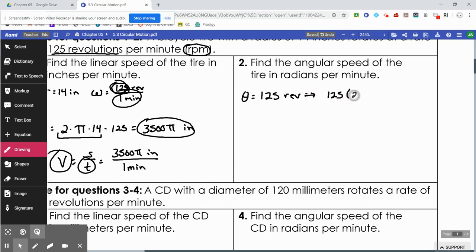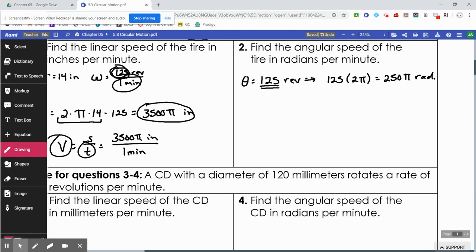A single revolution is 2 pi radians, so 125 times 2 pi is 250 pi radians. I took my 125 revolutions, or 125 spins, and changed it to radian measure. So 250 pi radians is the same thing as 125 spins.